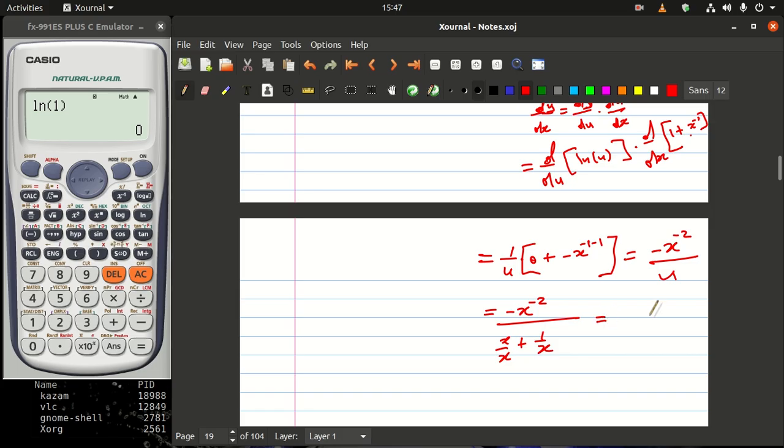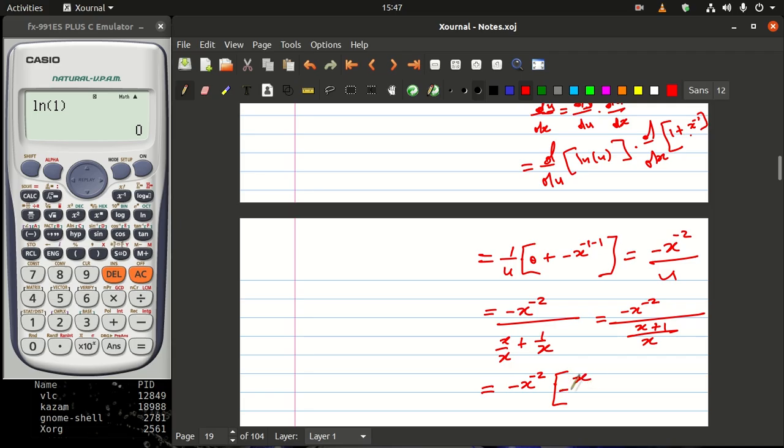So this is going to be minus x raised to minus 2 all over x over x plus 1 over x, a common denominator, so I have x plus 1 over x. So you can see that we are actually having something very nice here, which is minus x raised to minus 2, and instead of dividing, I'm going to multiply, and when I'm multiplying, I flip the numerator and the denominator.